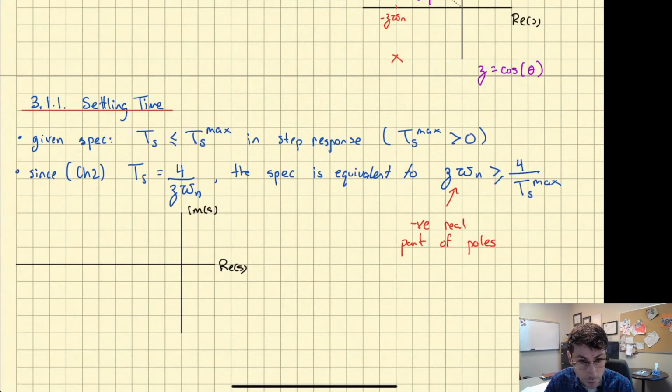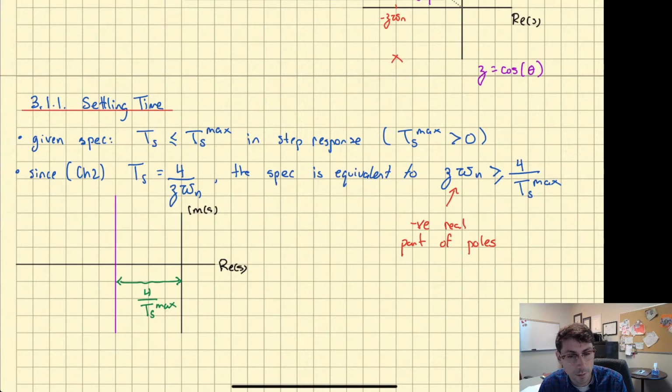Okay, so I'll draw a line here. Where is that line? That line is exactly negative 4 over Ts max. That distance there is 4 over Ts max.